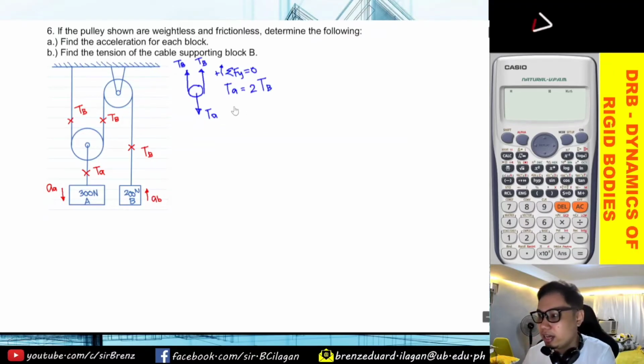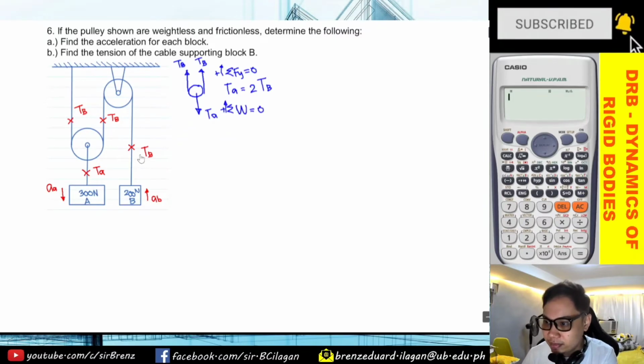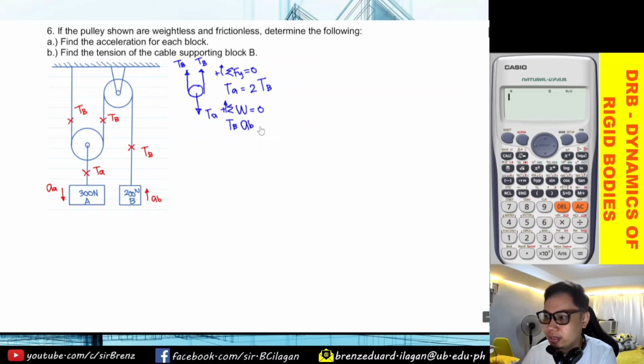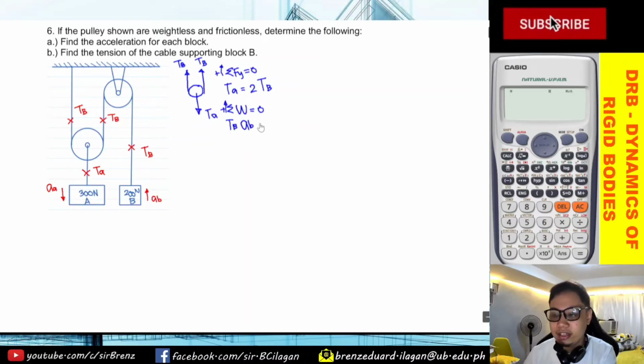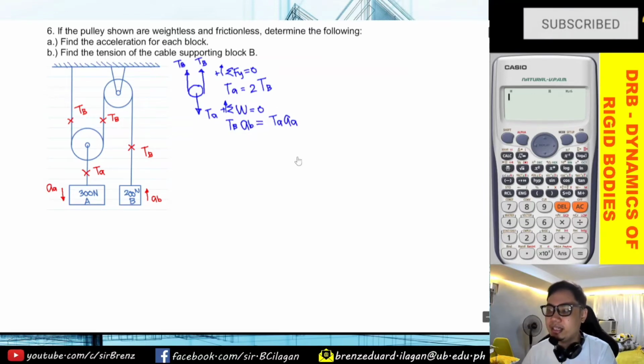So, kapag ginawa ka ng summation ng work, assuming upward yung positive, so 0. So, force times distance, diba? So, T sub B multiply by a sub B. And then, since ito pababa, so magiging minus dito, minus T sub A multiply by acceleration A. So, transpose ko na lang sa kabila ha. So i-equate na natin siya dyan.